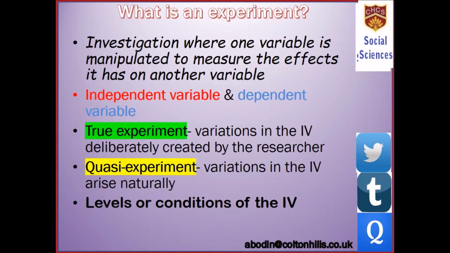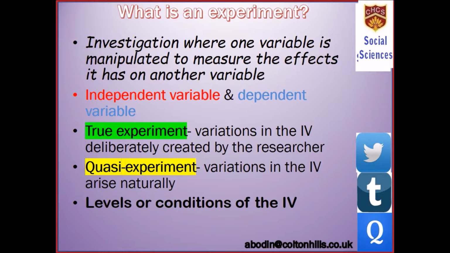For example, if you were researching into schizophrenia, then you would not be able to manipulate the variable to create schizophrenia in an individual. Apart from the practical difficulties that you'd face within doing that, it is also highly unethical to deliberately inflict schizophrenia on an individual.